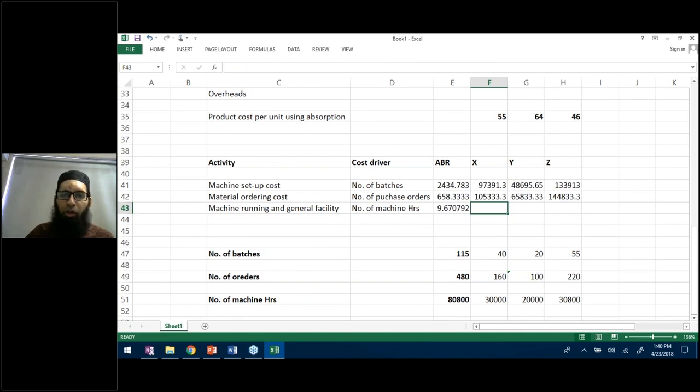Similarly, I can work out for machine running and general facility cost. This will be once again ABR multiplied by the total machine hours of X. This is how I will derive the total cost of Y and finally the Z. Right?